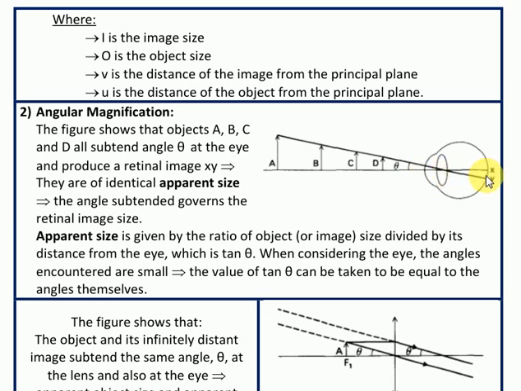They are all therefore of identical apparent size. Apparent size is given by the ratio of object or image size divided by its distance from the eye, which is of course tan theta. When considering the eye, the angles encountered are small. For small angles, the value of tan theta can be taken to be equal to the angle itself.